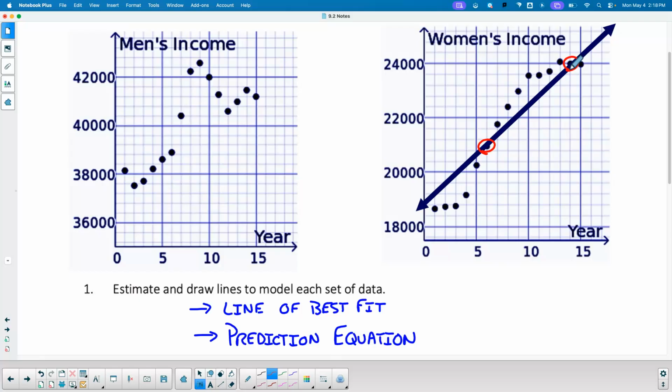Yep, okay. So this is the point right here. This would be the year 1996, so that was my junior year in college. And that's going to be the point 6, comma, $20,957.